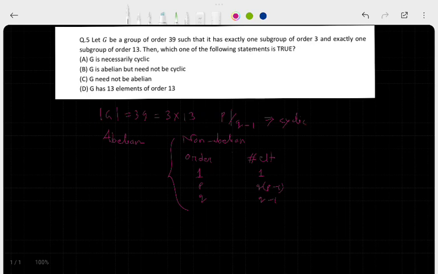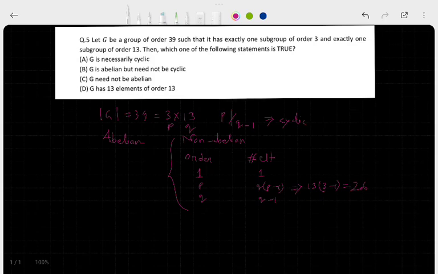Okay, now let us check for order P. P means we have 3 here. Let's put this P, let's put this Q. So the number of elements of order P will be Q into P minus 1, which will be 13 into 3 minus 1, which will give us 26. So there are 26 elements of order 3.